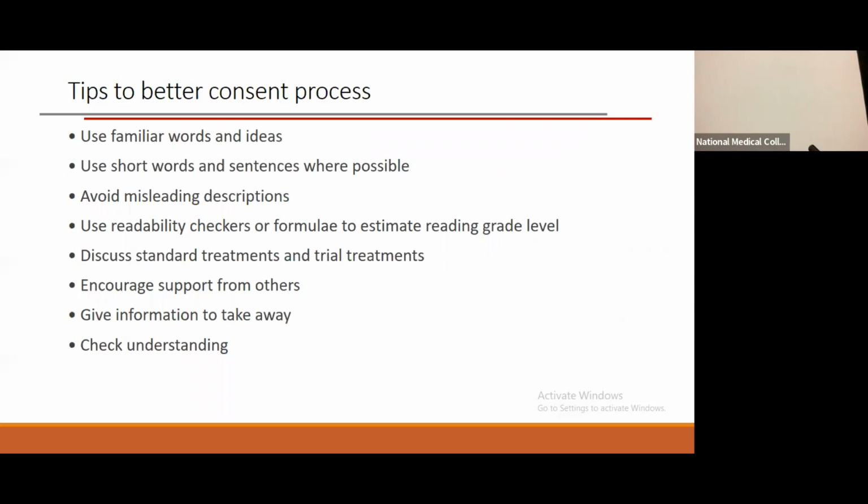So how can we do better consenting? As I said, use familiar words and ideas, use short words and sentences when you are speaking. Avoid misleading descriptions. I mean, there are things to check, that is, is your consent form properly written or not. You discuss standard of treatment first with the patient, then discuss the trial treatment. You encourage support from others.